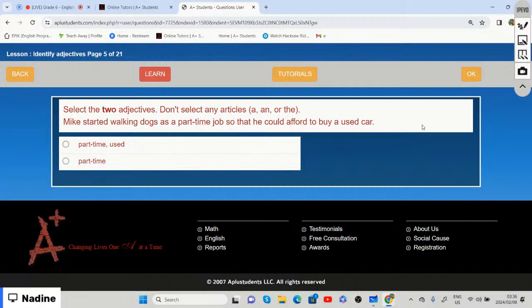Here we again need to select two adjectives where we say Mike started walking dogs as a part time job so that he could afford to buy a used car.